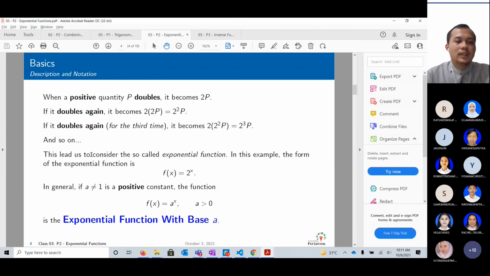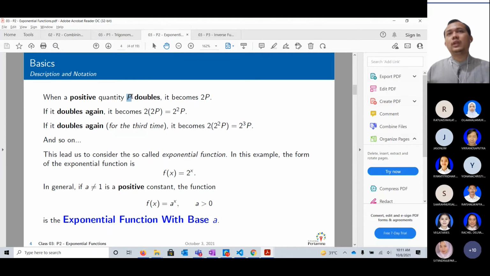So, for example, if we have a quantity P, so let's say we save our money in a bank, or we invest some money in a company, and we know that our investment will double after a certain time.